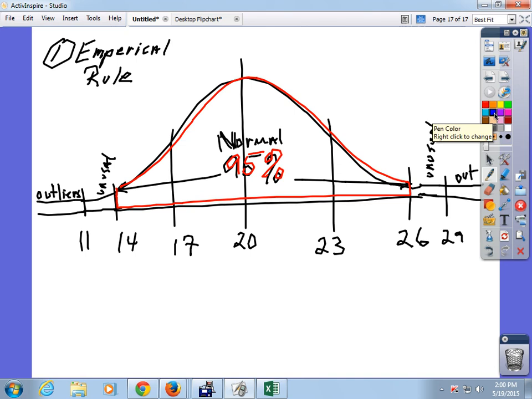So 95% here, 2.5% here, 2.5% here. Now add those up, what do you get? 100%. 95 plus 2.5 plus 2.5 is 100%.